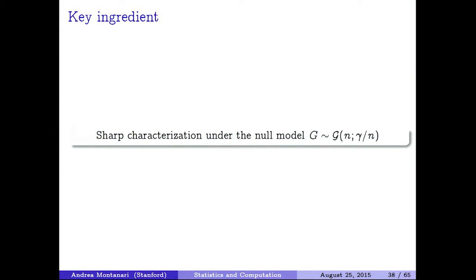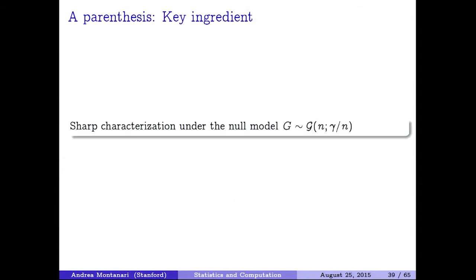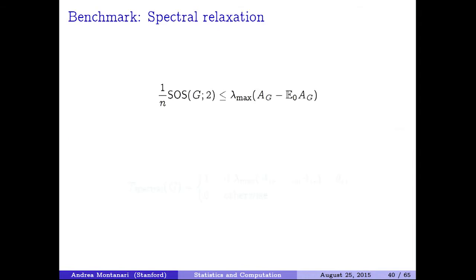The key technical ingredient is a sharp characterization of this semi-definite program under the pure Erdős-Rényi graph. So now you take a pure Erdős-Rényi graph, G(n, gamma/n), so edge probability gamma over n, and you ask yourself, what is the value of this semi-definite program? To put this in context, let me relax this program further to get an upper bound.